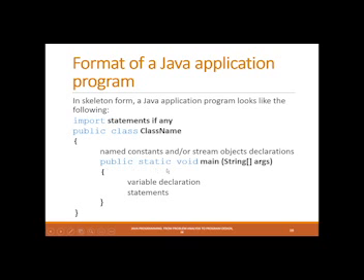Then the method main, and then the opening curly brace for your method, and then the variable declaration and the statements, and then the close curly brace for the method, and then the close curly brace for the class.